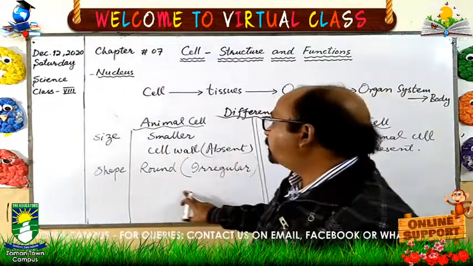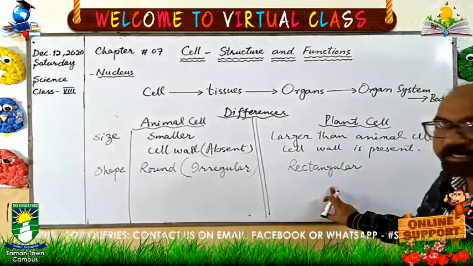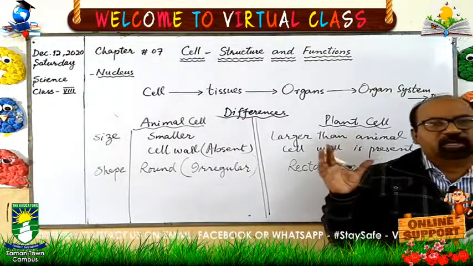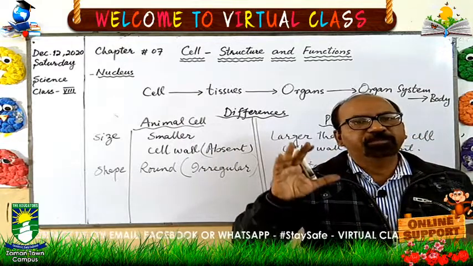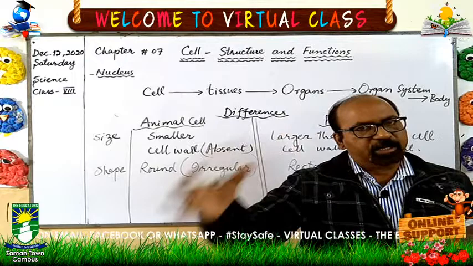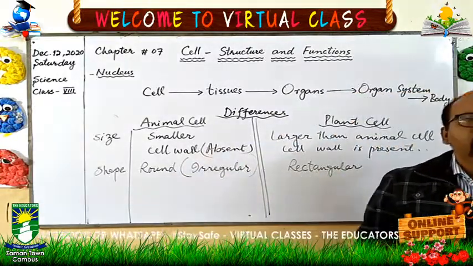Plastids are absent in the animal cell and present in the plant cell. What are these plastids? Plastids include the chloroplast. Chloroplast is a material which helps to produce food in the plant. While it is absent in animal cells, that's why animals cannot prepare their own food by themselves.